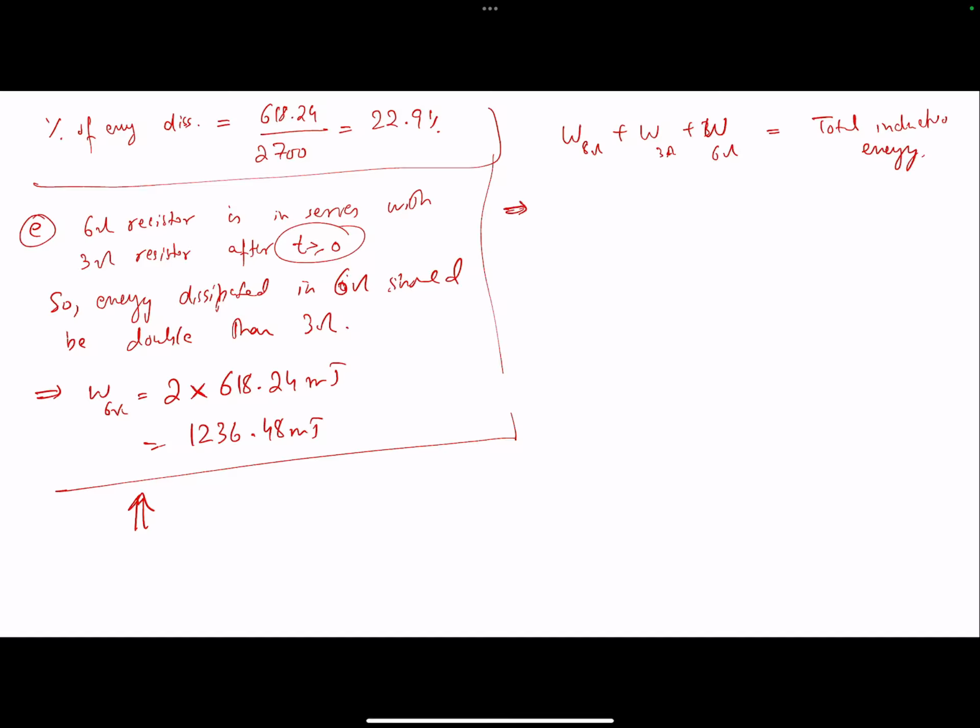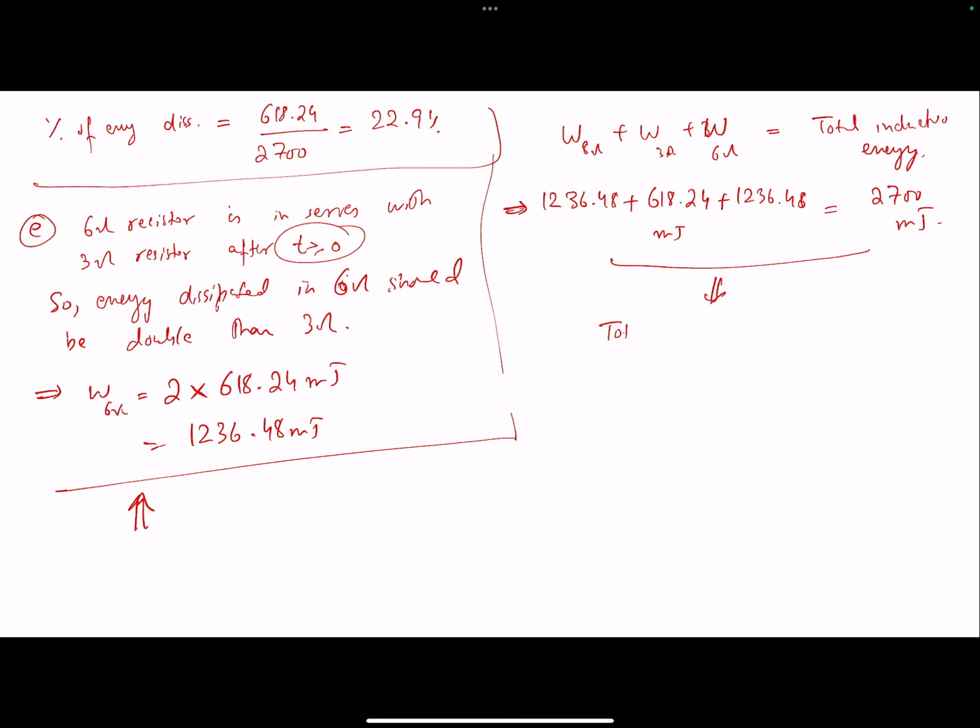So let's verify that. So that should be 18 ohms was 1236.48, 3 ohms was 618.24, 6 ohms was 1236.48, right? If you were to sum them up in millijoules, it should come out to be approximately, maybe with a one significant figure difference, 2700 millijoules. So this provides us a verification that our calculations are correct, right? Or law of conservation of energy is still there.